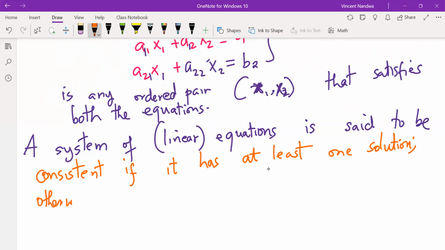Otherwise, it is inconsistent. So inconsistent means no solution.